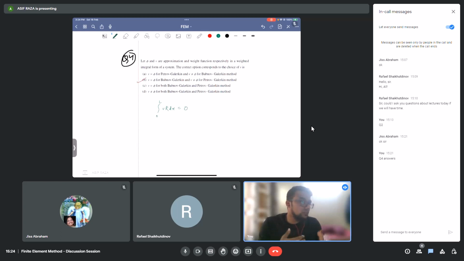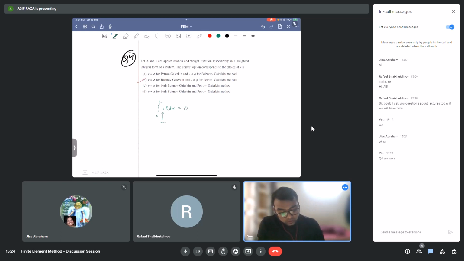We make the residue go to 0. So this weight function can be arbitrarily chosen, whatever we wish.